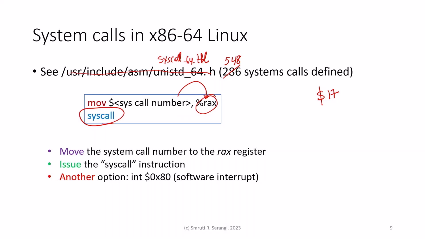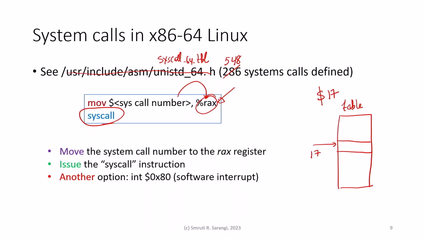It stores the state and first looks at the contents of the RAX register to find the system call number. In this case, the number is 17. It will then go to the system call table, to number 17.